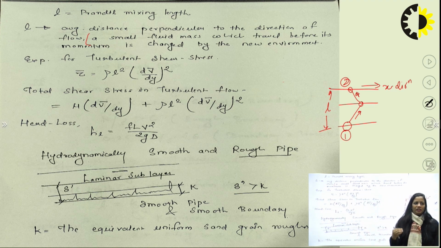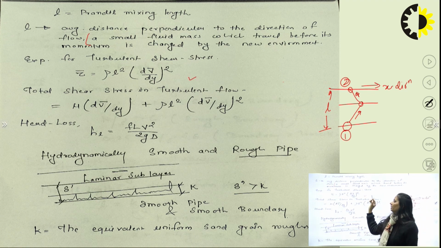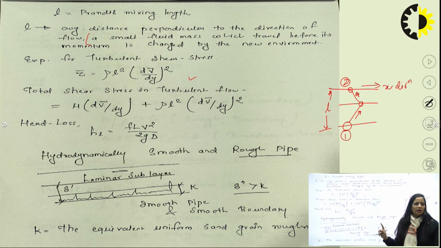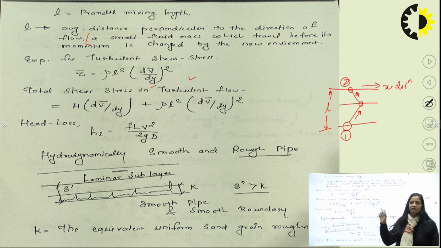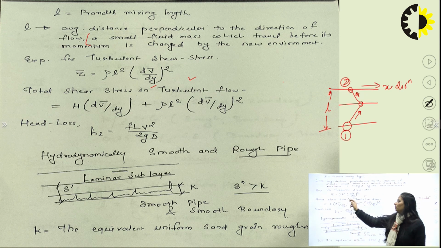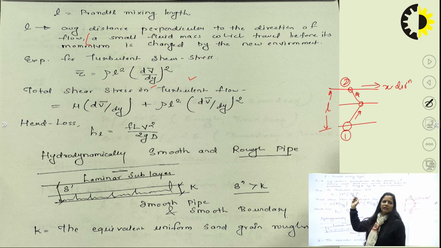Now the turbulent shear stress equation given by Prandtl is given by this equation: tau bar, or you can say tau itself, equal to rho L square times dv bar by dy whole square. Here dv bar by dy is the velocity variation, rho is the mass density and L is the Prandtl mixing length.